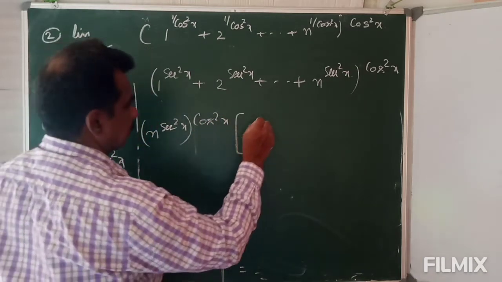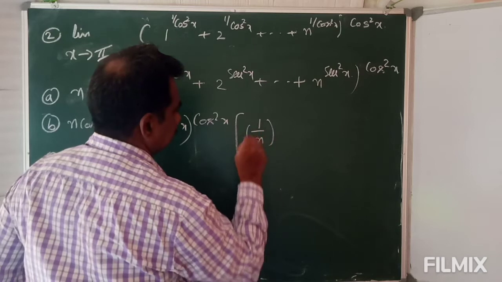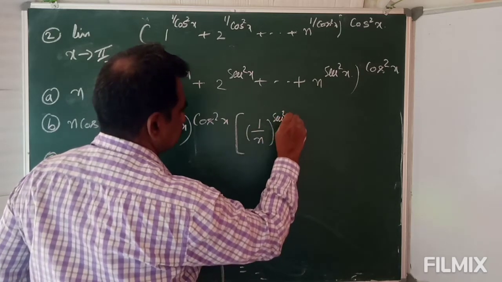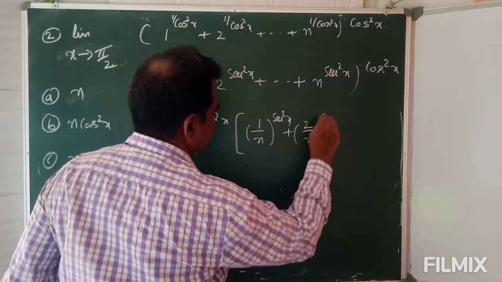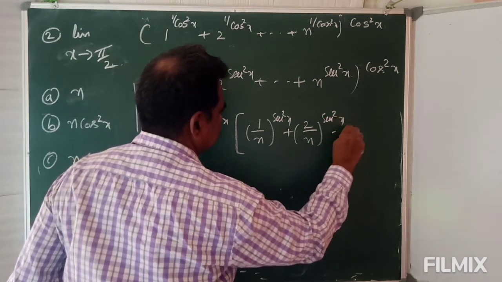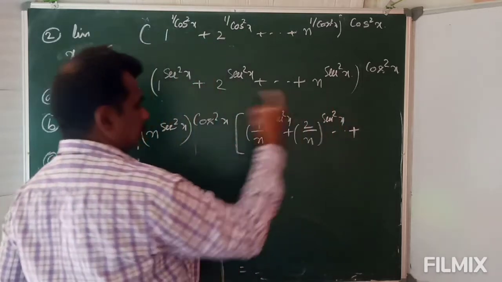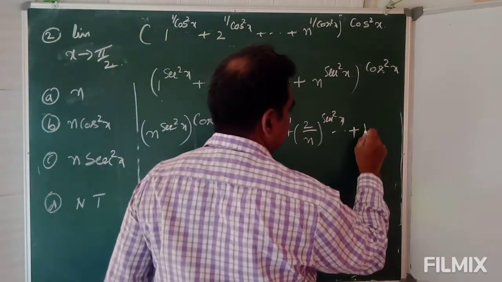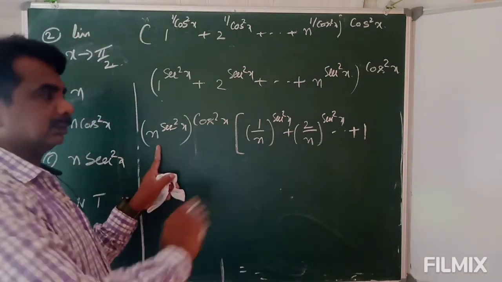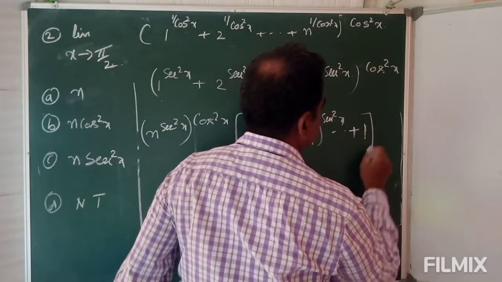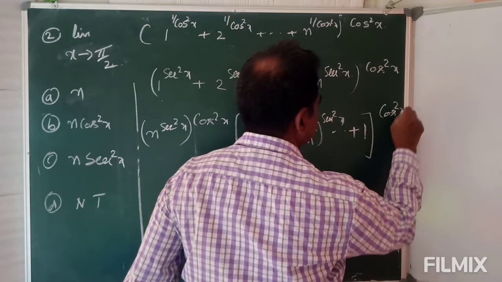Remaining: 1 by n whole power secant square x plus 2 by n whole power secant square x up to so on, plus 1, because I take n secant square x outside, in power cos square x.